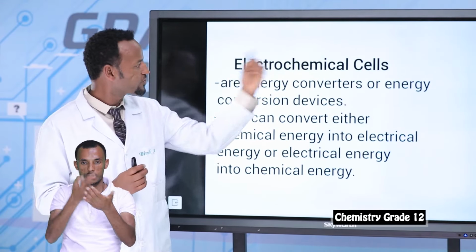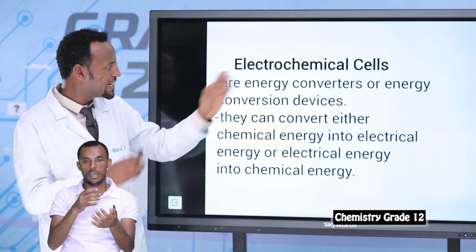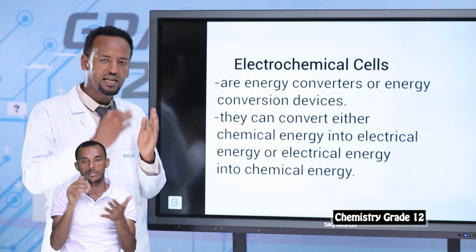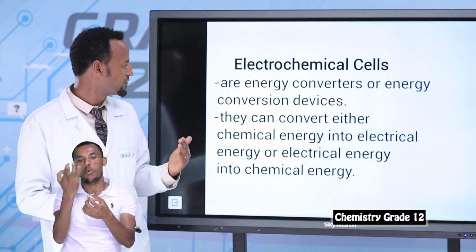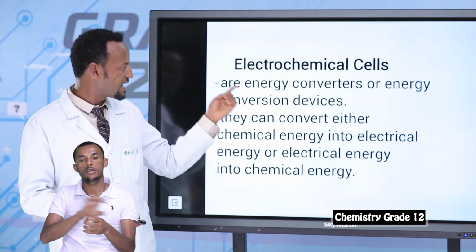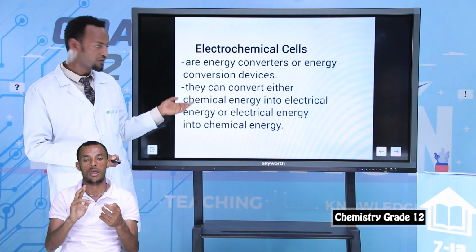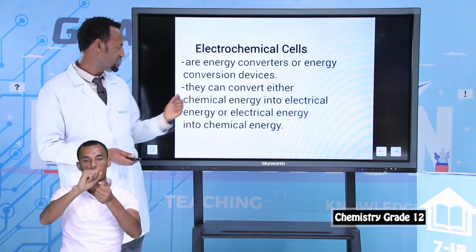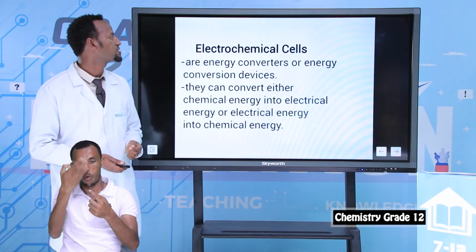It is a device that converts electrical energy to chemical energy or chemical energy into electrical energy. Therefore, they can convert either chemical energy into electrical energy or electrical energy into chemical energy.